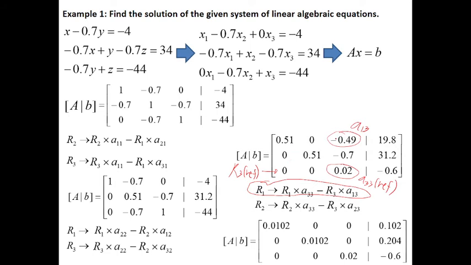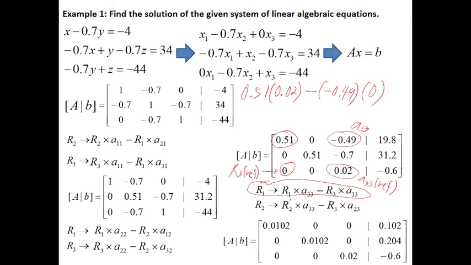So, ang gagawin natin, we start with ito munang R1. 0.51, kasi nasa row 1, multiply mo ng 0.02, minus negative 0.49, multiplied by 0. Sorry sa aking background noise, and it's beyond my control. Tama ba?